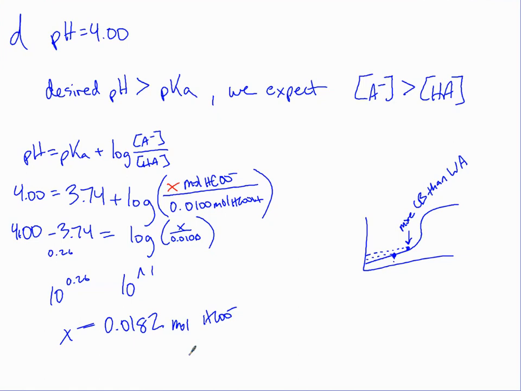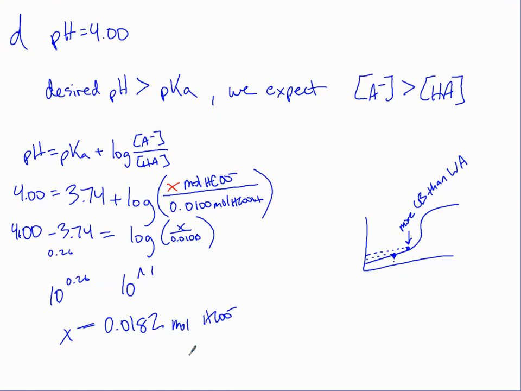I think the bottom of that page for you is blank. There's a bunch of stuff written down. Brief summary. You have a buffer when a solution contains a weak acid and its conjugate base. A buffer resists a change in pH when a strong acid or strong base is added to it. When it's a buffer, you could use that Henderson-Hasselbalch equation.